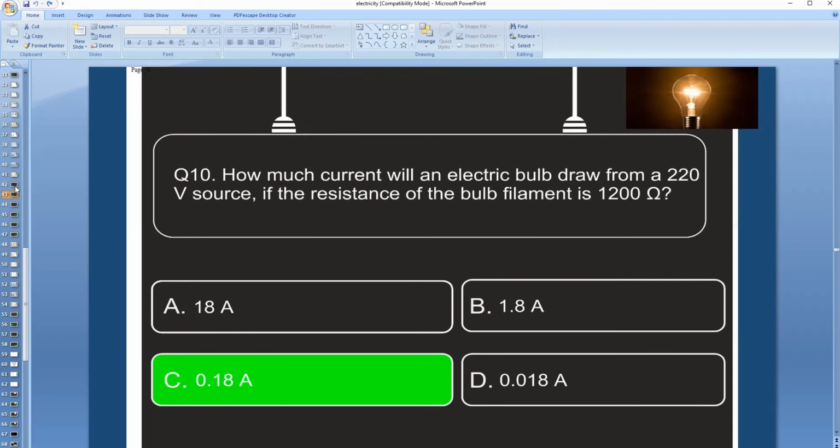How does it work? As given, electric potential V is 220 volts and the resistance of the filament is 1200 ohms. Now V is equal to IR, so I is equal to V by R. 220 by 1200 gives a current of 0.18 ampere.